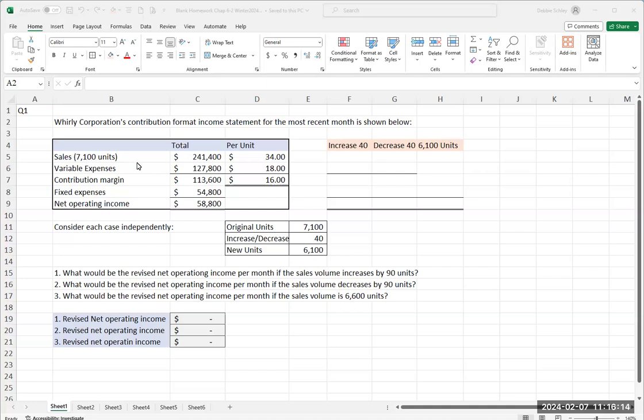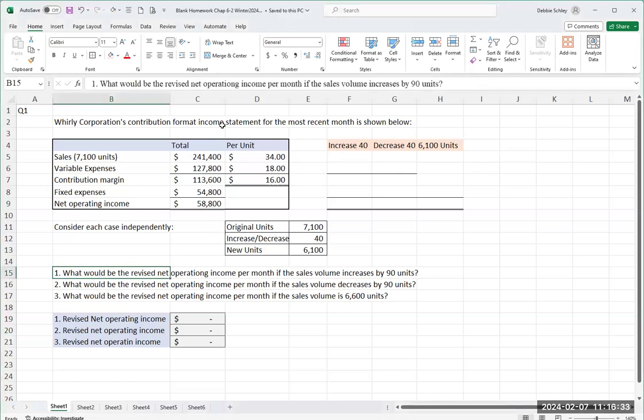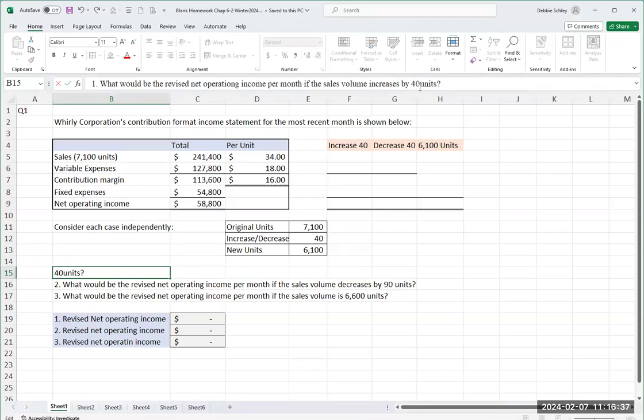My sales are 7,100 units, and this information is all given. They want us to first, we consider each case independently. What would be the revised net operating income per month if the sales volume, oops, I need to fix that. It's supposed to be 40. 90 was last semester.